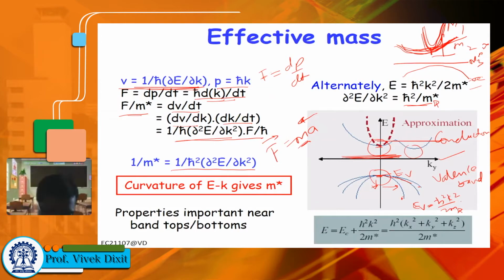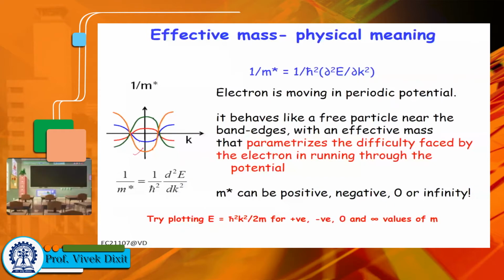Now just to remind you, these properties, effective mass and group velocity, are important near the top of the valence band and the bottom of the conduction band. I'm repeating that bands which are curving up are called conduction bands, and bands which are curving down are called valence bands. Here is a cartoon: this is curving up, positive mass; a little less, then flat, infinite mass; then negative mass.